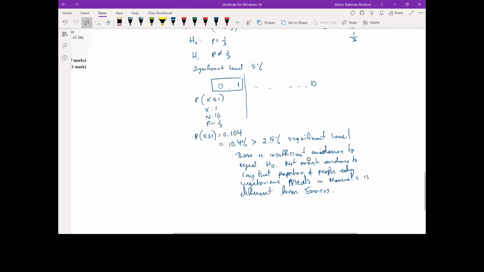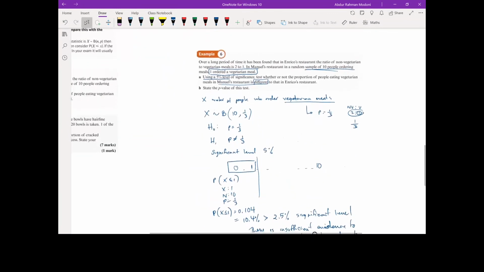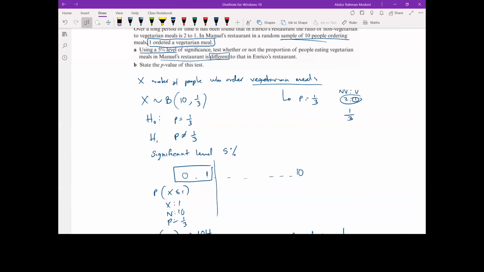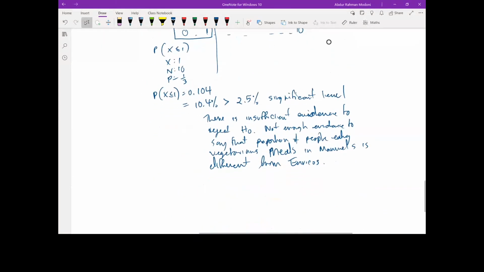The question then asks us something else here. It asks us to state the p-value of this test. Remember what I said earlier about the p-value? The p-value is the probability that we worked out for the test statistic times by 2. So the probability that we worked out was 0.104 from here. So part B here is the p-value is equal to 0.104 times 2.